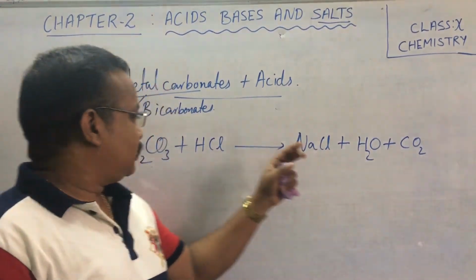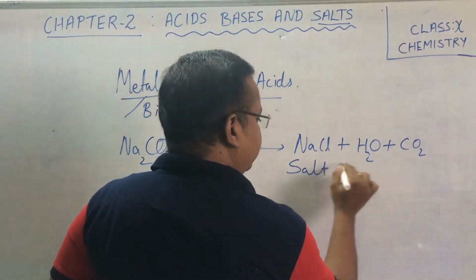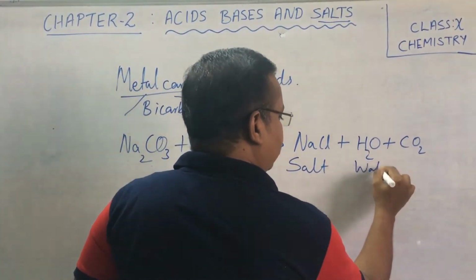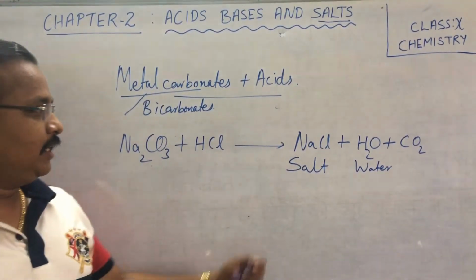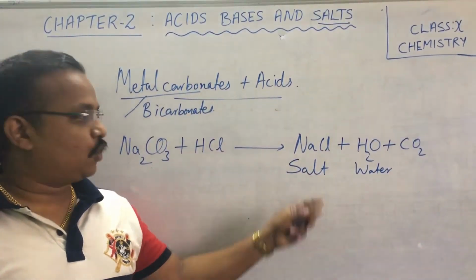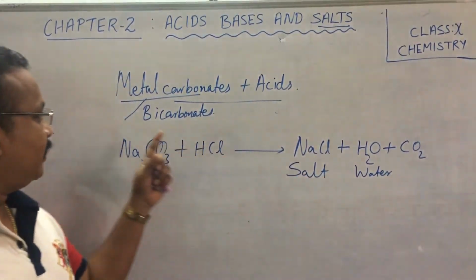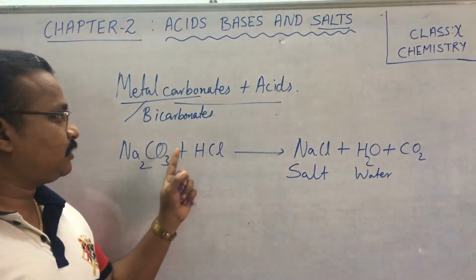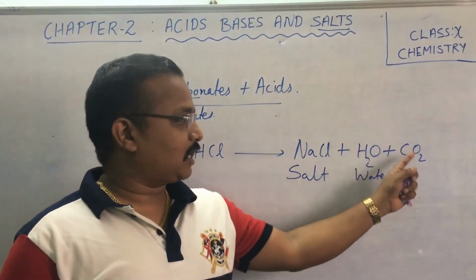NaCl, that is salt, and H2O is water, and apart from these two, carbon dioxide is also produced. In neutralization reactions or acid base reactions we have got salt and water, but when carbonates react with acids, they produce salt, water along with carbon dioxide.